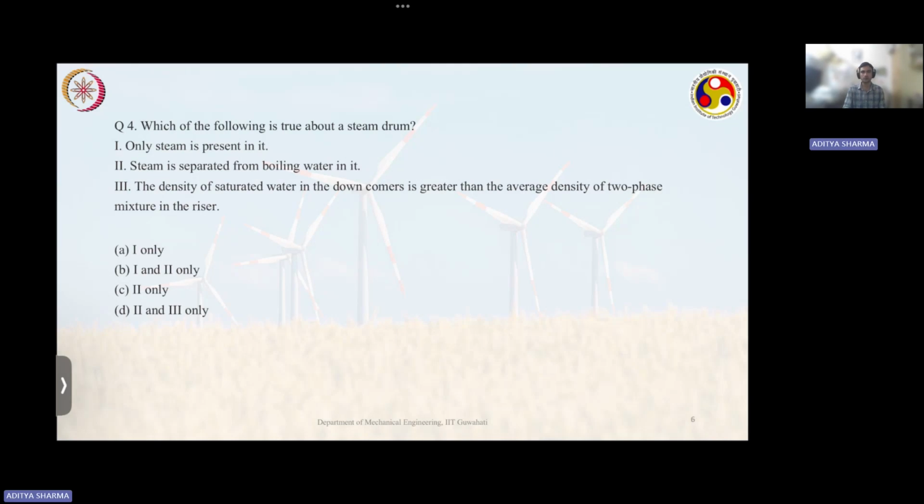Which of the following is true about a steam drum? We know what a steam drum is, right?